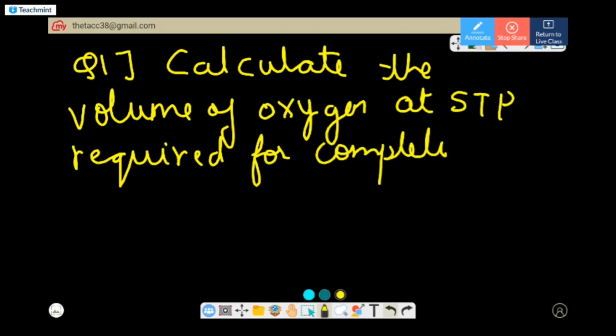When I say complete combustion, that means there is no carbon monoxide left out. Like in the first question, we saw 50 cc of carbon monoxide was not used. It was unreacted. But this should not be the case here. It should be utilizing all the CO.